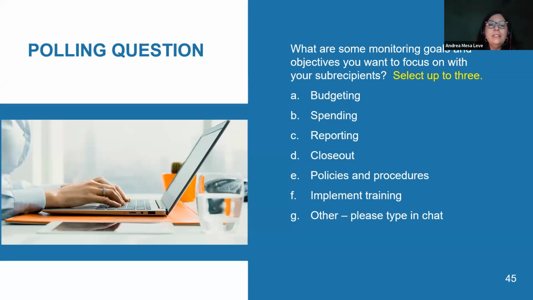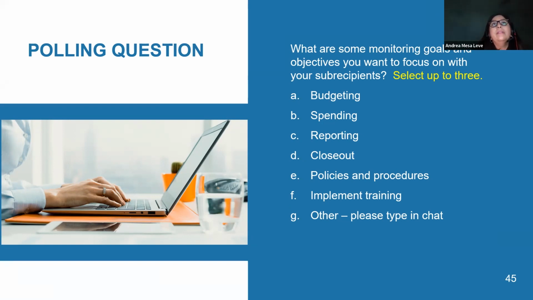Okay, so here's the polling question. And while I'm reading the question, please go ahead and provide your answers. So what are some monitoring goals and objectives that you want to focus on with your subrecipients? You can select up to 3.